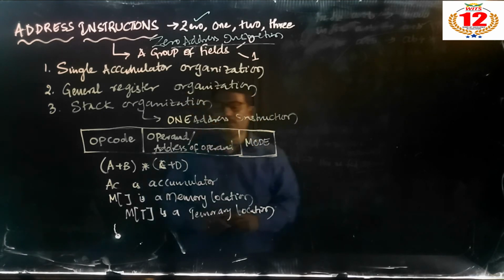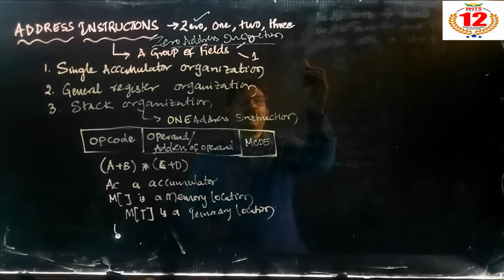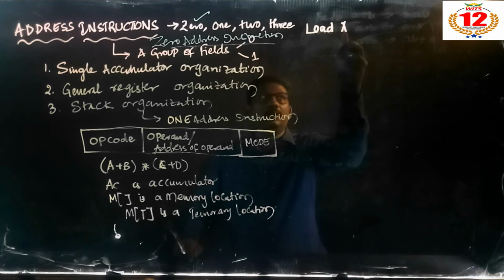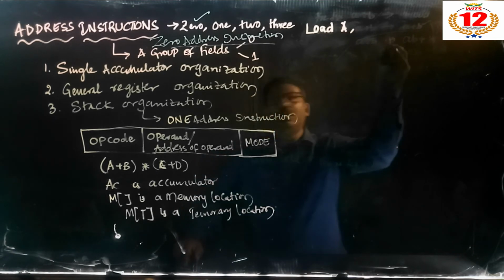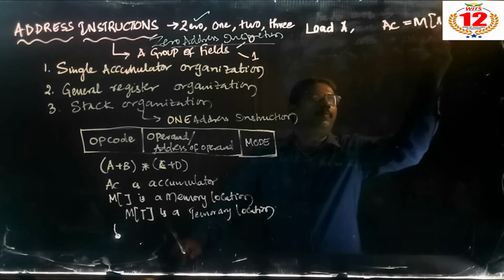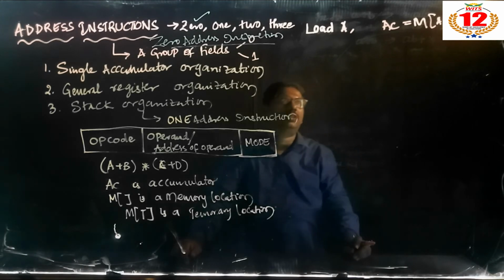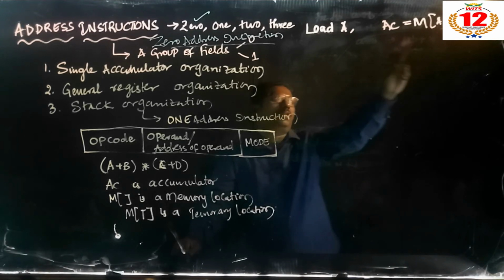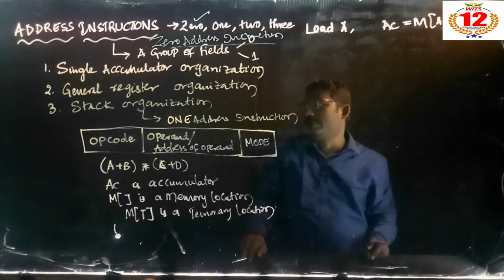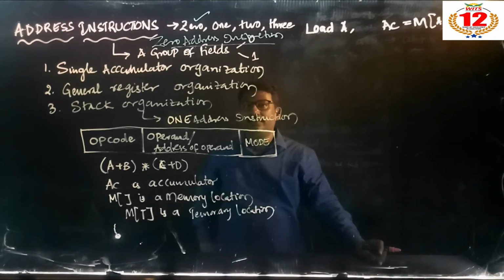Then to do the calculation of this particular problem, that is a plus b into c plus d, first we are going to load AC accumulator equal to M of A. Memory location is given, and that is A we stored in the particular register or memory allocation.